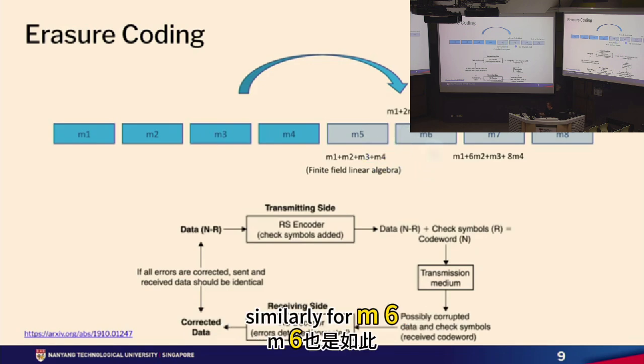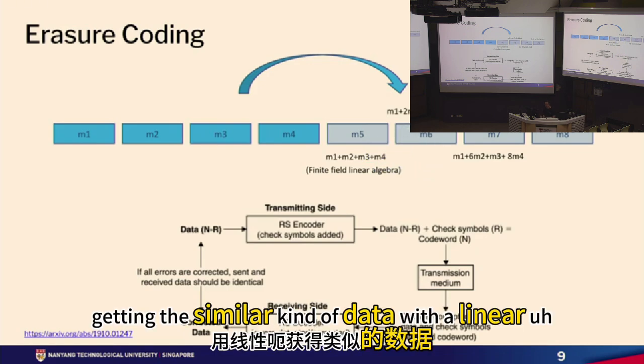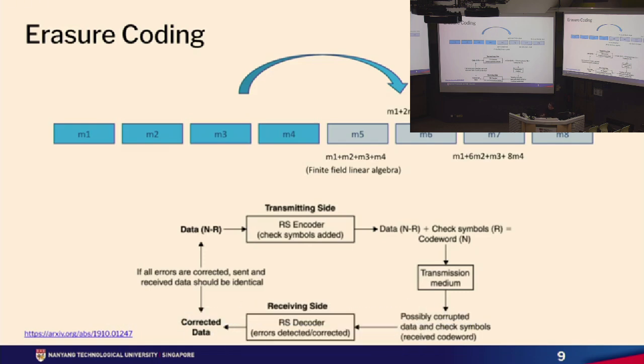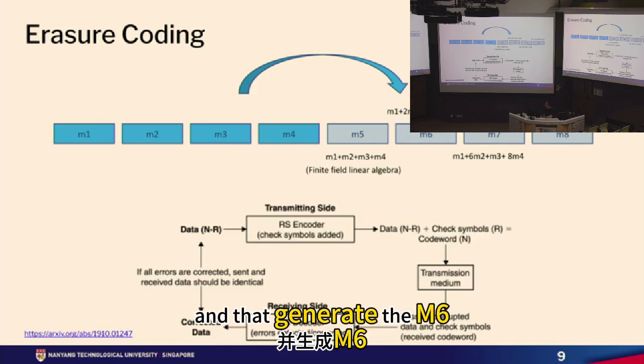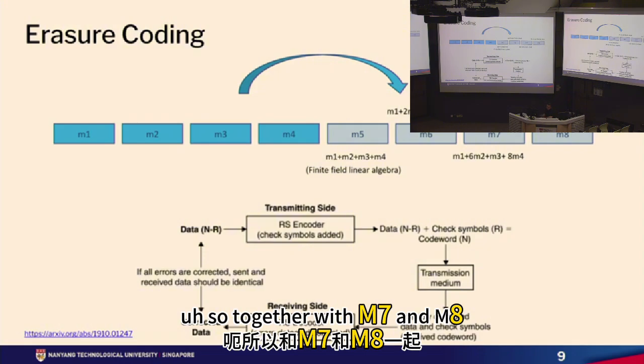Similarly, for M6, we get a similar kind of data with different equations for the polynomial, and that generates M6. So together with M7 and M8.